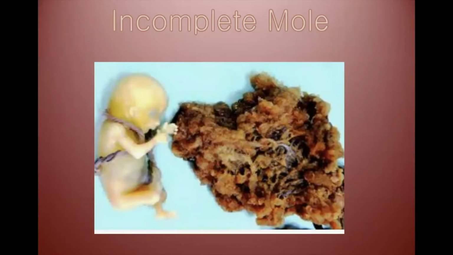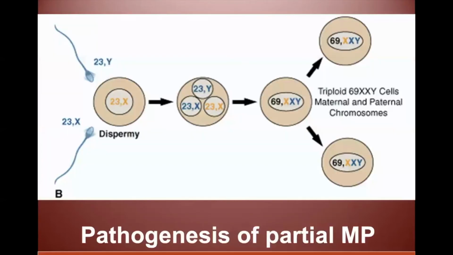There are 2 populations of chorionic villi: one of normal size, the other with trophoblastic proliferation. The incomplete mole has a triploid karyotype, from fertilization of an apparently normal ovum by 2 sperm.